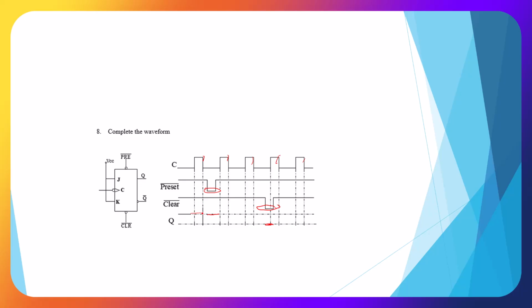Alright, so we're going to go here, toggle, we're going to jump right back up, and we're going to go until we get to the clock, toggle, toggle, and we're going to go till we get here, and then we're going to get our clear. Our clear is going to stay until we toggle.